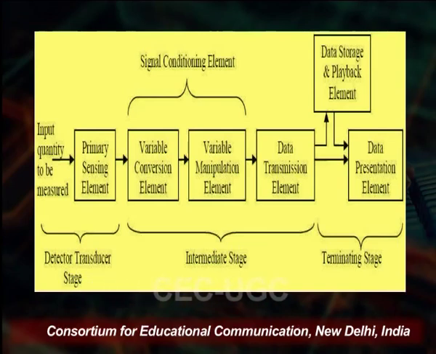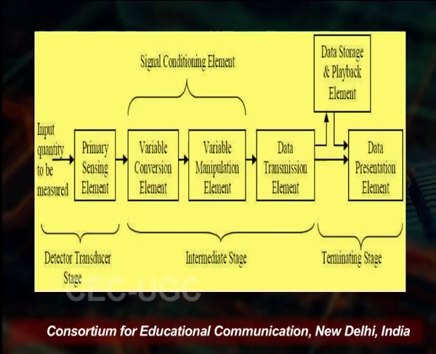In between, the intermediate stage contains the variable conversion element, variable manipulation element, and data transmission element. After that the terminating stage comes. That stage is the data presentation element. It means we just give the input which is to be measured.